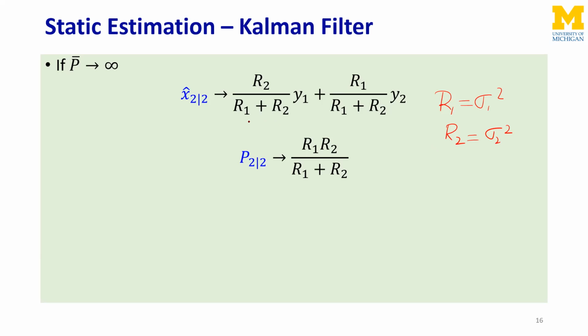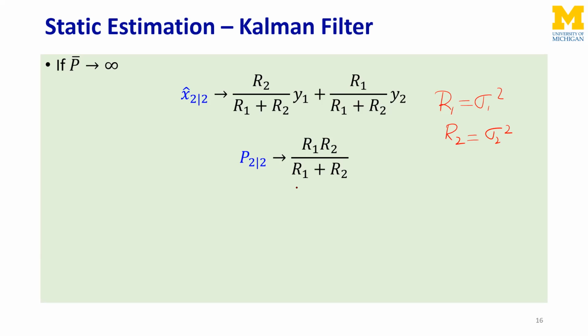You can see that this is exactly the same result that we got by deterministic minimization, probabilistic covariance minimization, and now with the Kalman filter. And you're supposed to get the same result because the Kalman filter is the optimal filter which minimizes the covariance of the posterior state error.